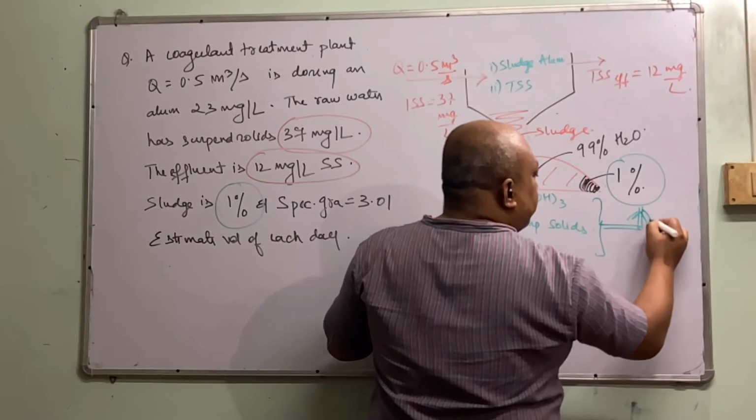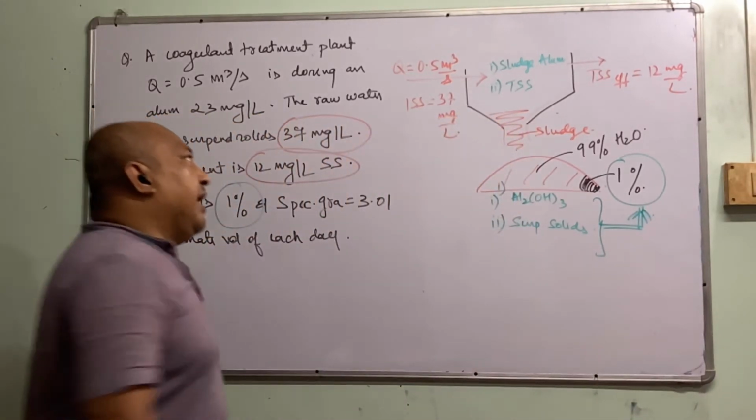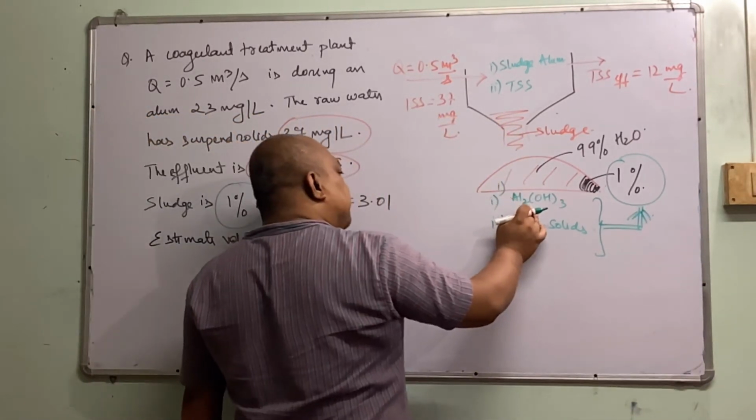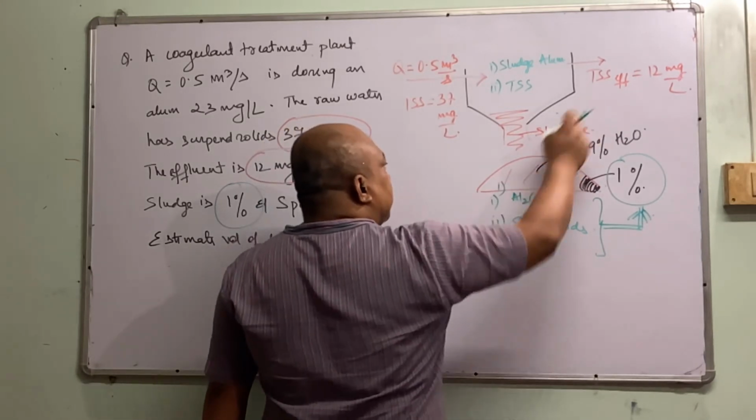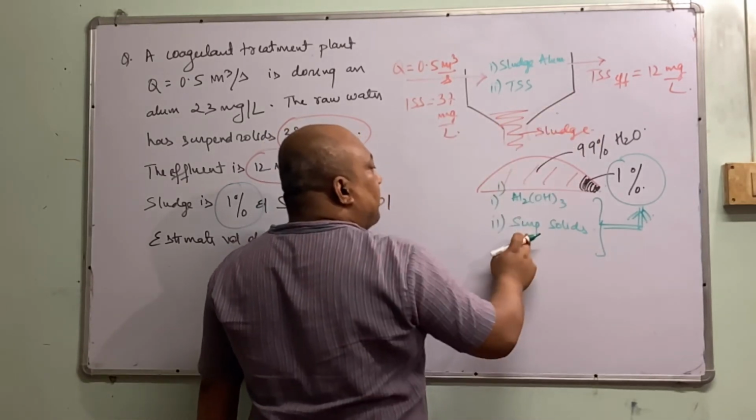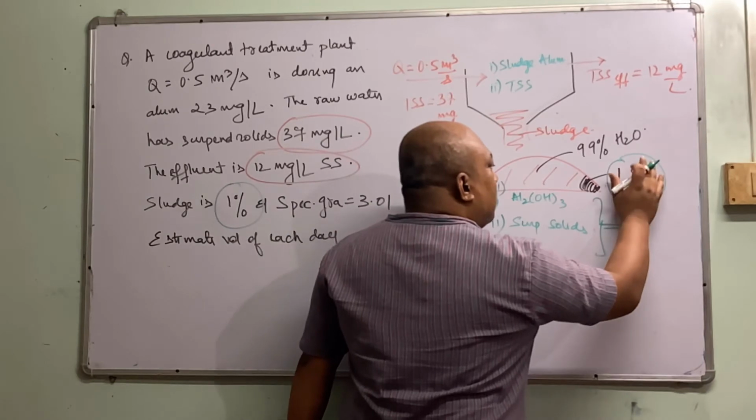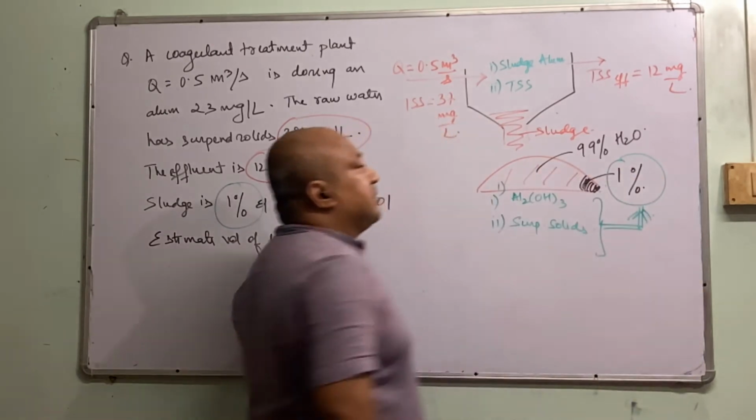Whatever aluminum hydroxide you will get in milligrams, and whatever suspended solid you will get, 37 minus 12 milligram, this solid itself contains only 1%, remaining is 99%.